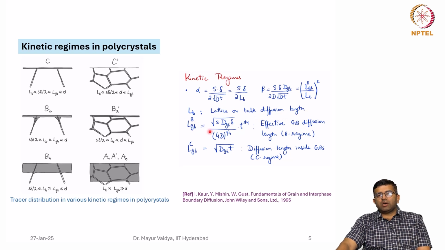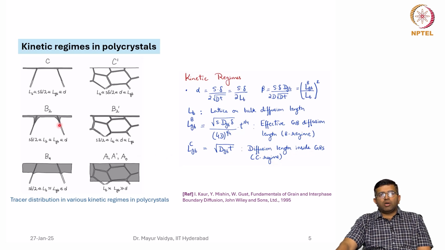LGB in the B kinetic regime is the effective grain boundary diffusion length, which is given by root S DGB delta divided by 4D to the power 1 by 4, into t to the power 1 by 4. LGB in the C regime is equal to root DGB t, the diffusion length inside grain boundaries in the C region.